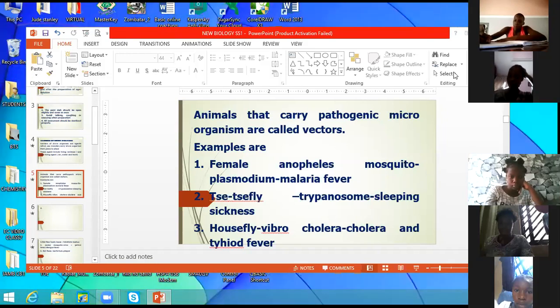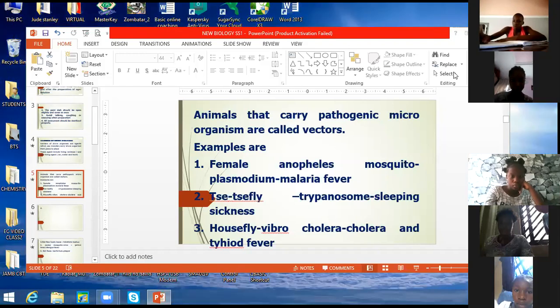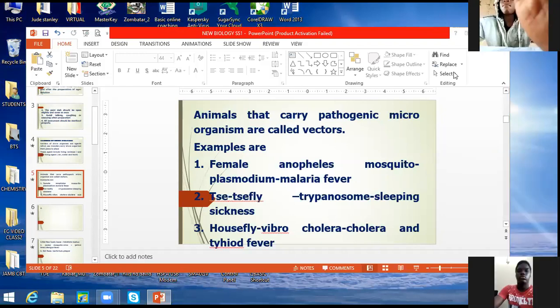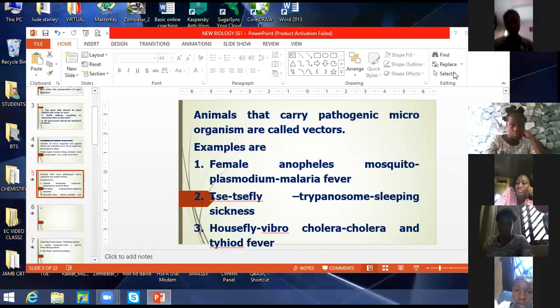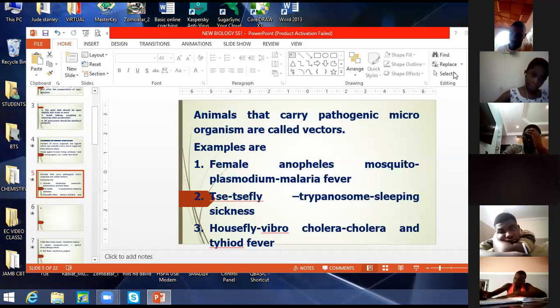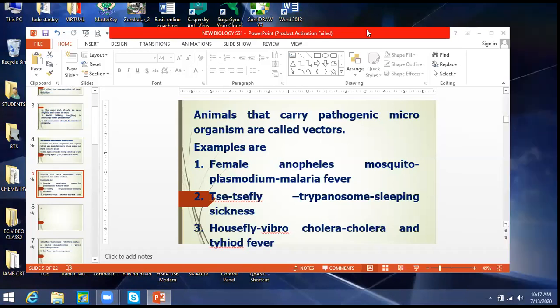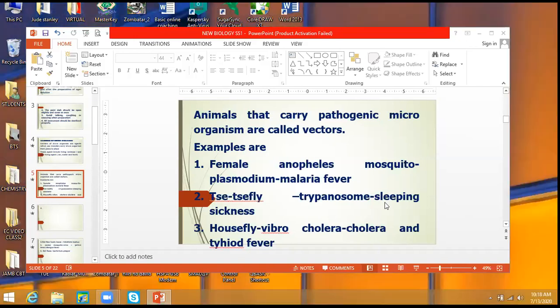Then you go to the next one, Tsetse fly. Tsetse fly is the vector. Trypanosome is the name of the causative organism that is picked by the Tsetse fly. The disease caused is called trypanosomiasis or sleeping sickness. That is why you see a dash here and a dash there.